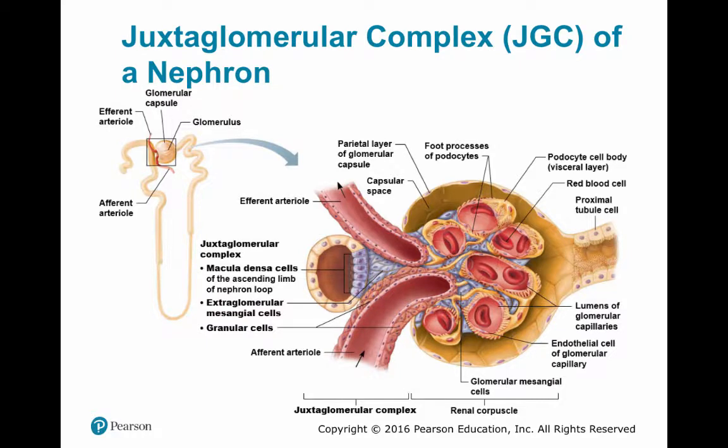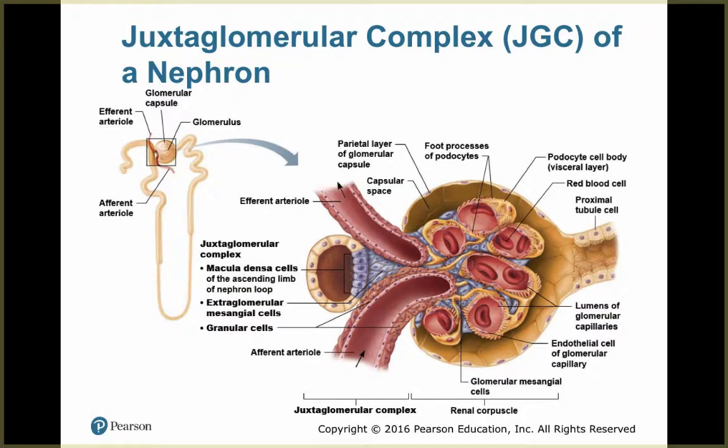And so the juxtaglomerular complex, which is known as the JGC of the nephron, looks like this. And as you can see here, you have the complex. When we're looking at the outside, you have these efferent arterioles that come in through here, right? And then you can see these are the lumens of all the capillaries.